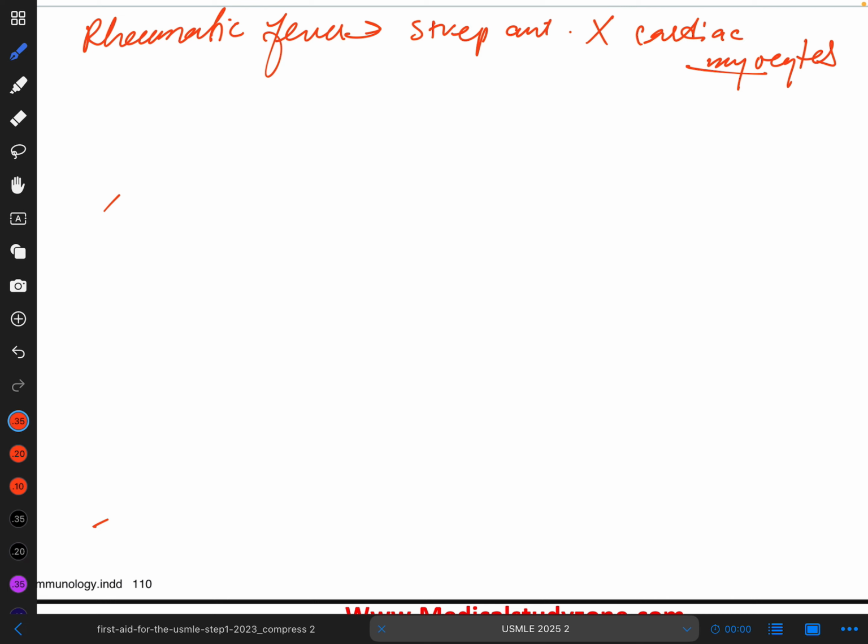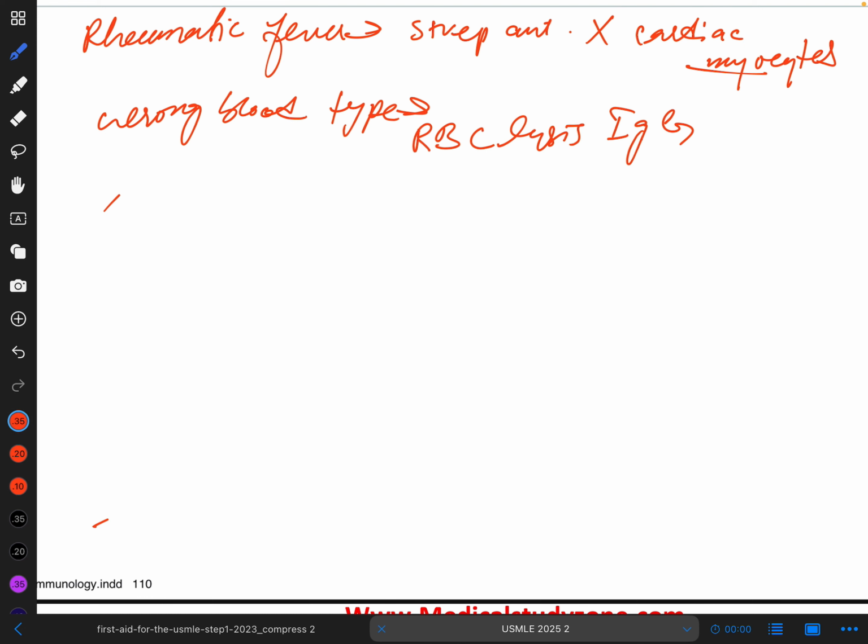Then the next example is exposure to the wrong blood type, which leads to RBC lysis by circulating IgG, and there is erythroblastosis fetalis.